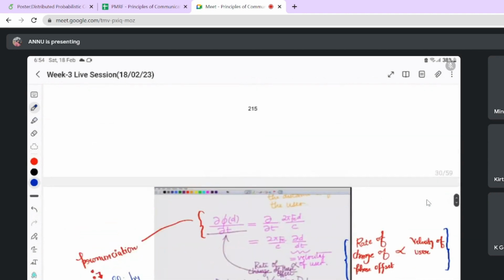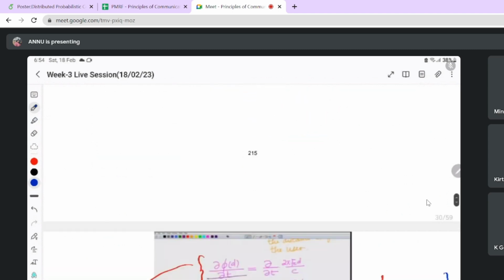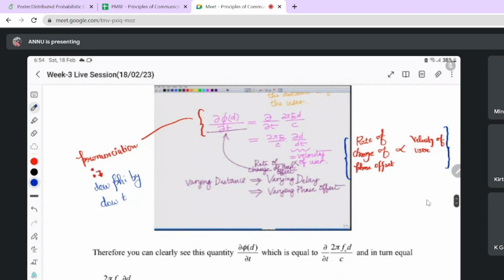For any maximize or minimize problem, we usually differentiate with respect to t or any required parameter, equate it to 0, and get the desired value. So we take ∂d/∂t, since we are transmitting with respect to t, and here you will get the velocity of the user. ∂d/∂t is equal to the velocity of the user.